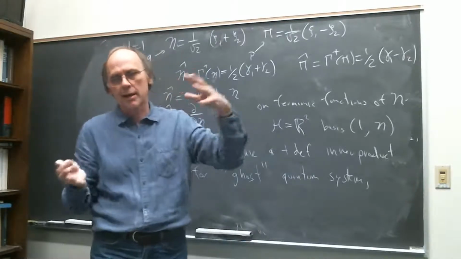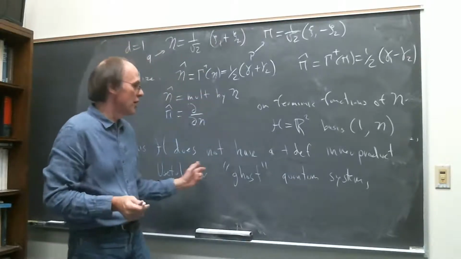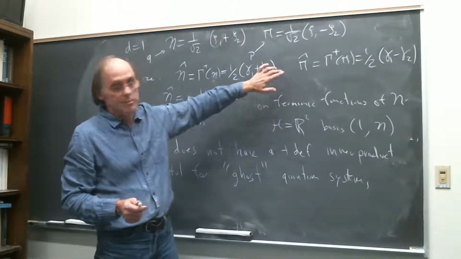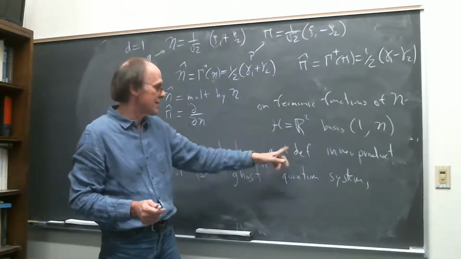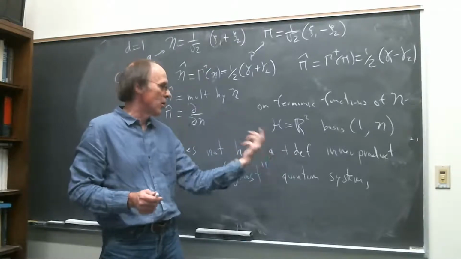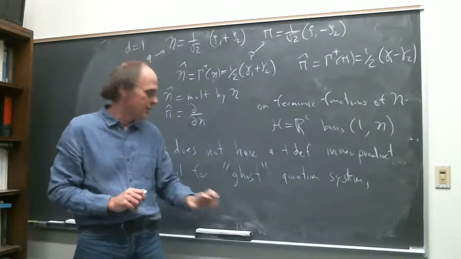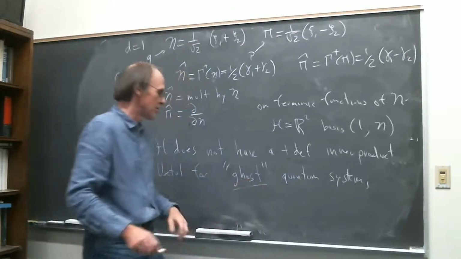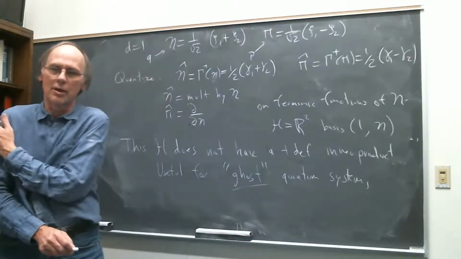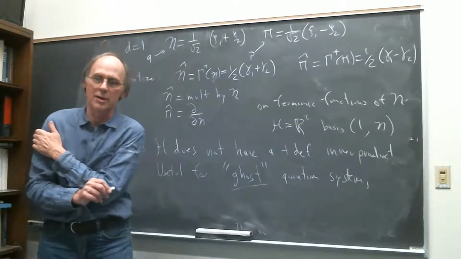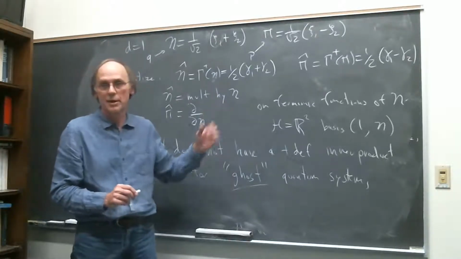And if you want to cancel out gauge degrees of freedom, one way to do it is by introducing a fermionic system of this kind, which has this inner product which is sometimes positive or negative, and you can use it to cancel things. And these are called ghosts. So sometimes you'll see people talking about a ghost quantum system involving ghost variables or ghost degrees of freedom. And that's what these are.